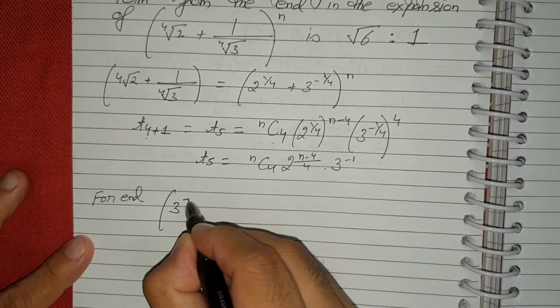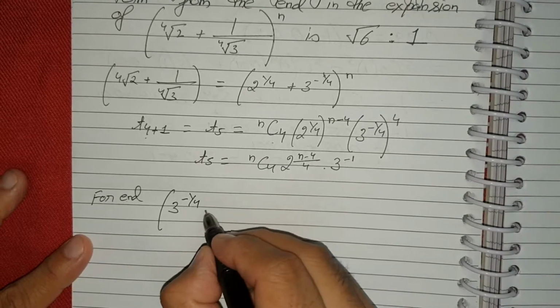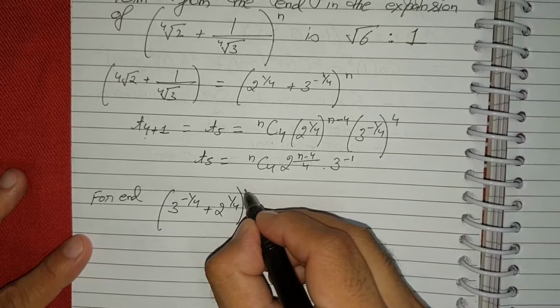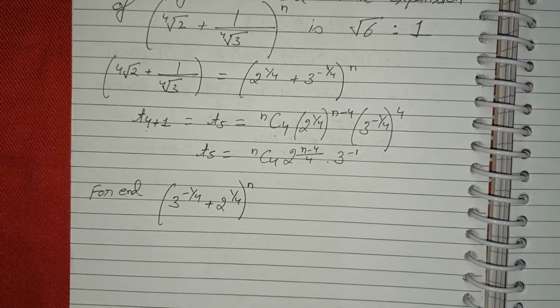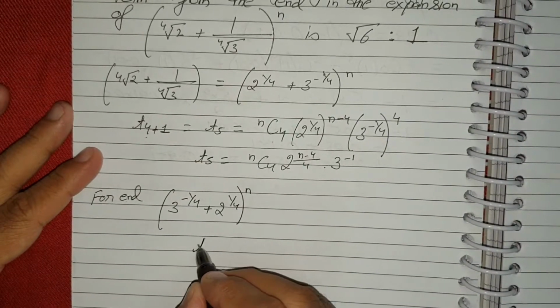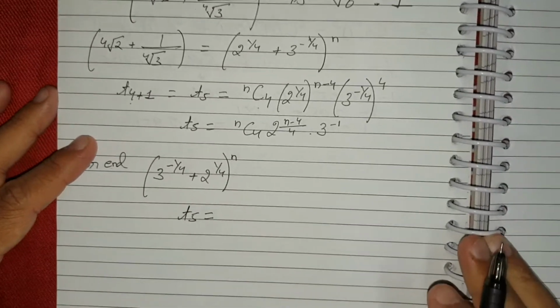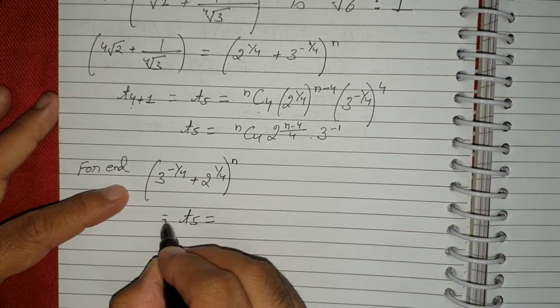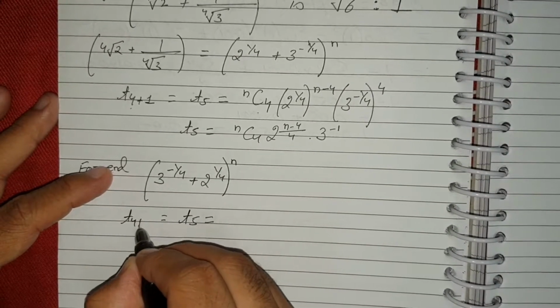This is 3 to the power minus 1 by 4 plus 2 to the power 1 by 4, to the whole power n. Okay. So this T5 will be, now T5 is what? Again this is T4 plus 1.